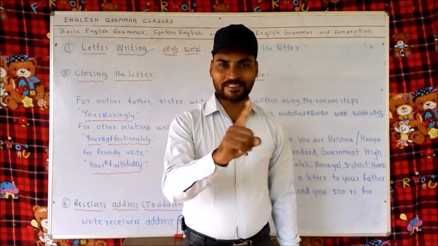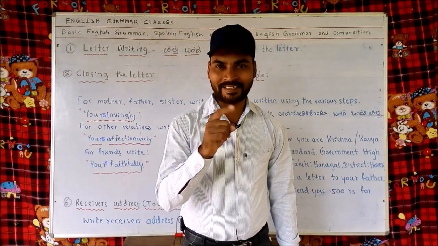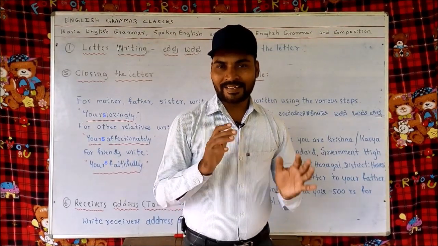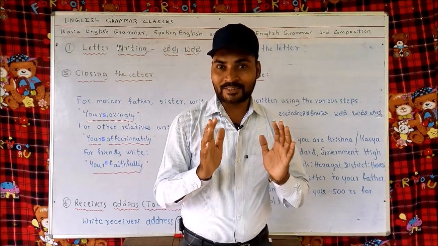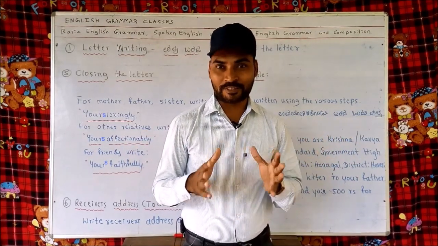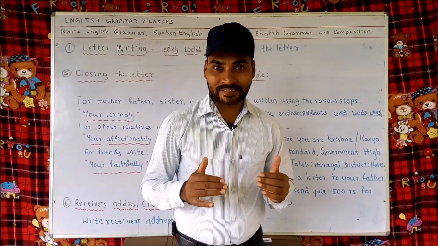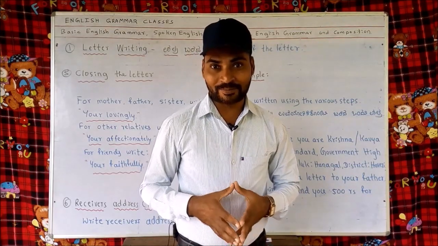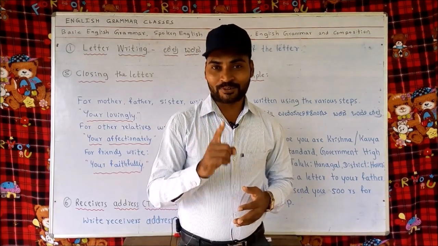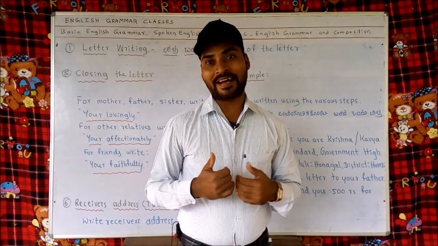While writing the first step of the letter, I was telling you that the from address is not your address, especially when it comes to high school English grammar. In our state level second language English grammar and composition, we should not write our own name and address.